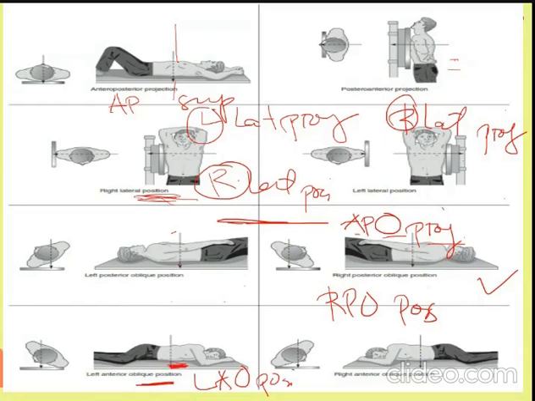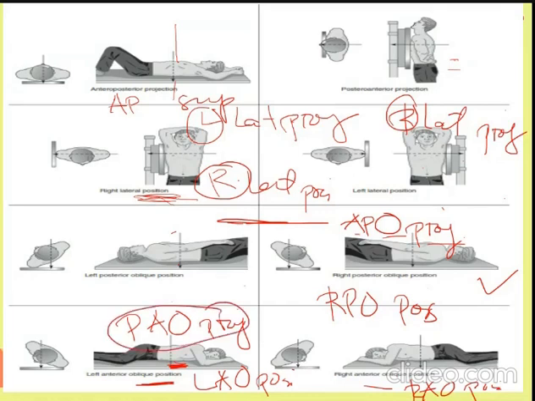What projection? PA oblique projection. Last, this one. Right anterior oblique position, and projection is PA oblique. PA oblique projection.